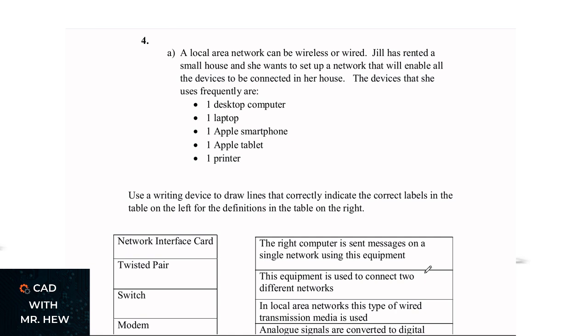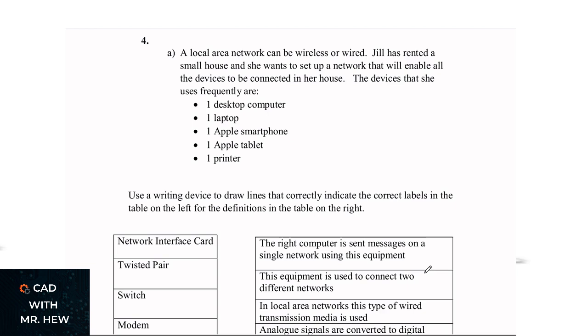Okay, here's question 4. It says a local area network can be wired or wireless. Jill has rented a small house and she wants to set up a network that will enable all the devices to be connected in her house.